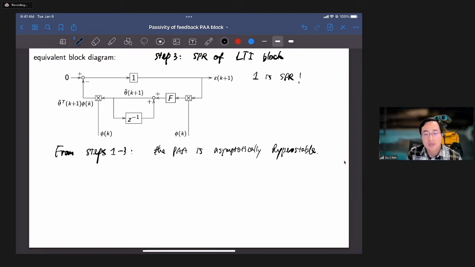All right. So that means asymptotic hyperstability will conclude that this error, this epsilon, which is essentially the input as well as the output of this LTI block, will be bounded.